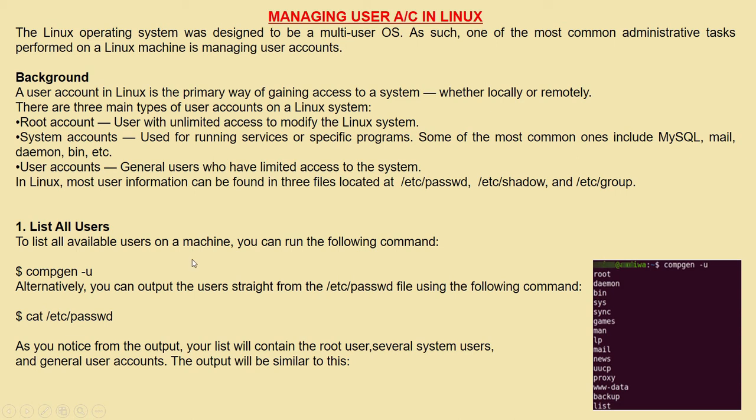Now let's list all users. How are you able to list or visualize all the users in Linux? To list all available users on a machine, we can run the following commands. Now see, the command is compgen -u. This is the attribute.